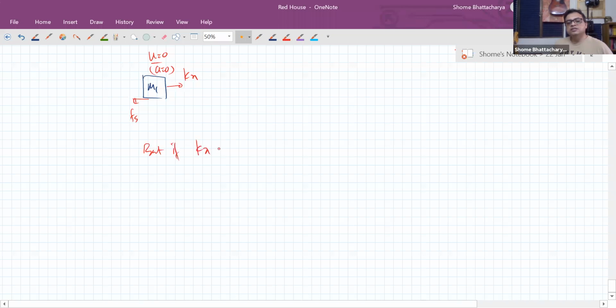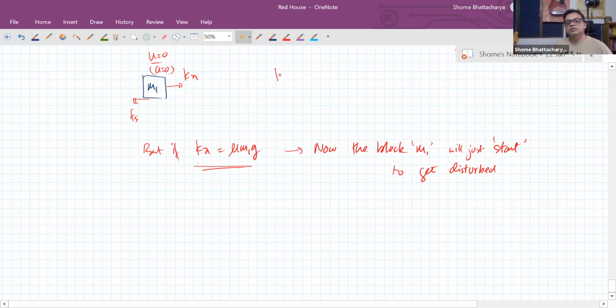But if Kx becomes equal to mu M1g, the block M1 will just start to get disturbed from equilibrium, because the spring force has reached the limit.